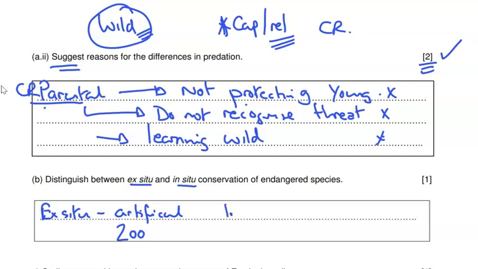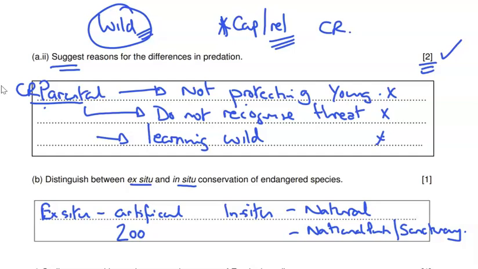An in situ type of conservation takes place in a more natural environment. And here I'm thinking of what perhaps we would call national parks or animal sanctuaries. In some countries where they have animal sanctuaries. So that's the difference. Ex situ, artificial; in situ, more natural.